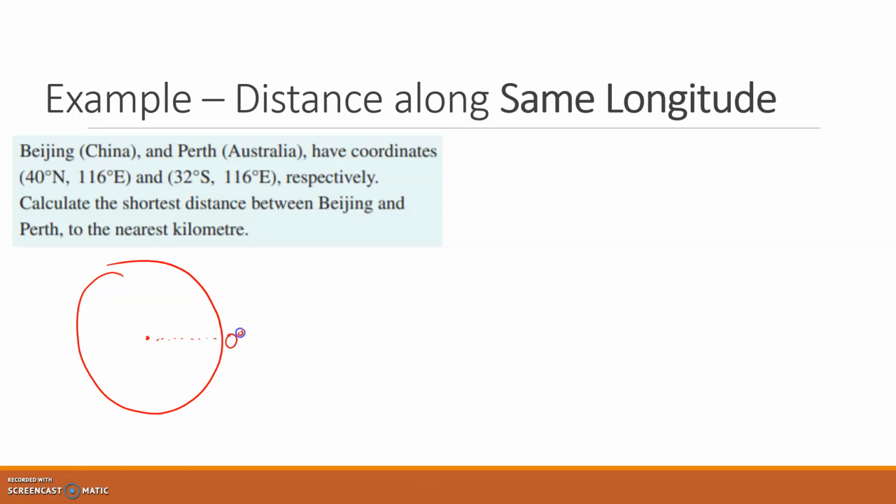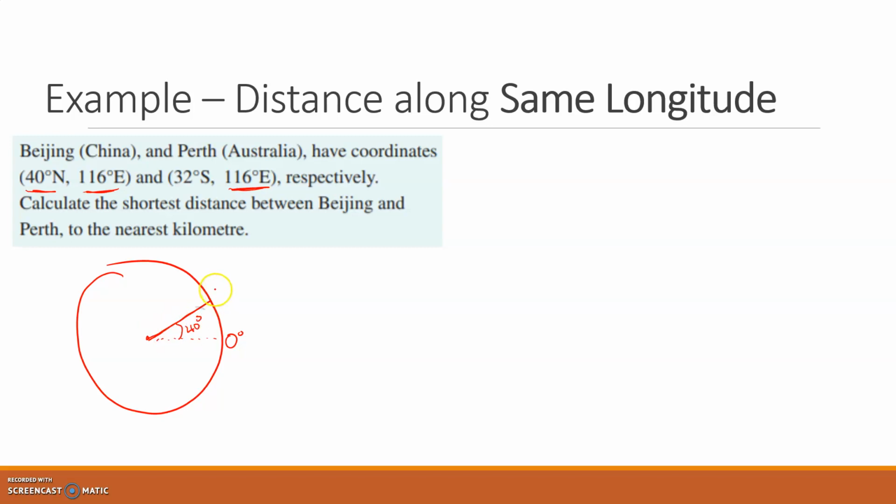this is 0 degrees in latitude. It's neither north nor south of the equator, it's exactly on the equator. Both of these places have the same longitude of 116 degrees east, but they have different latitudes. Beijing has 40 degrees north, so that means it's here.